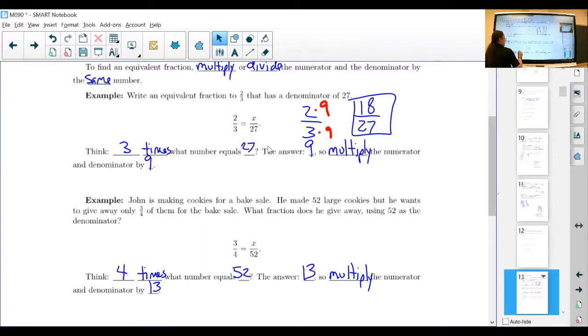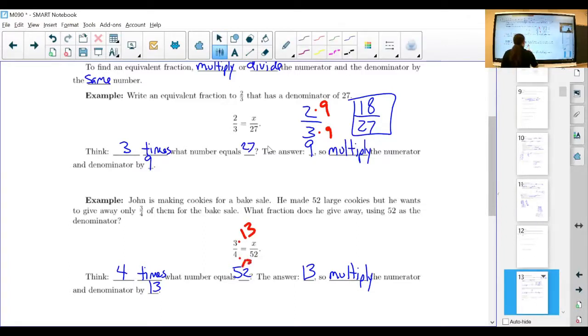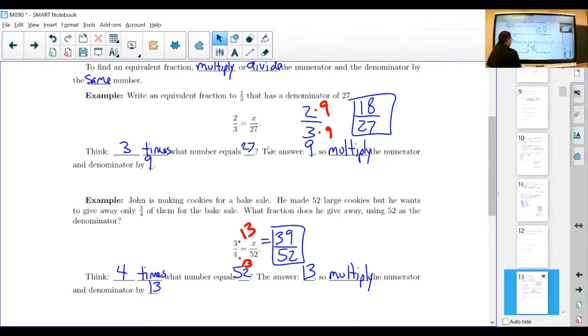When we do that, times 13, times 13, we get 3 times 13 is 39. So 39 over 52, which means you can give away 39 cookies.